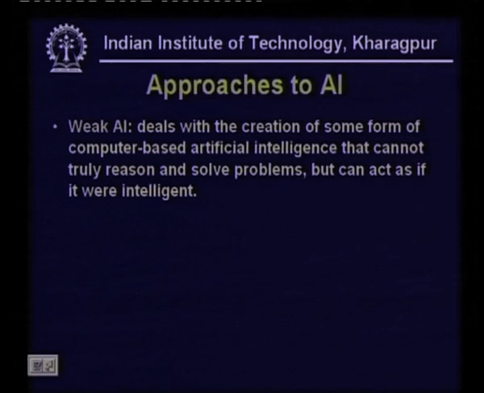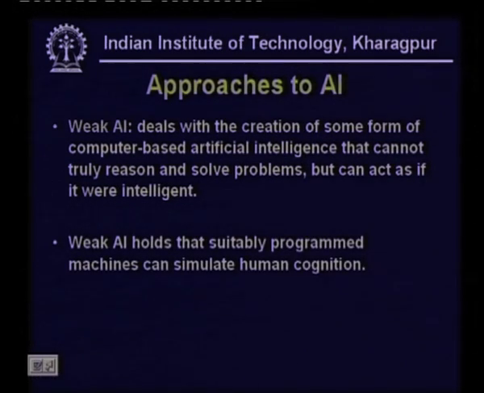Weak AI, unlike strong AI, deals with the creation of some artificial intelligence that cannot truly reason and solve problems, but acts as if it were intelligent. So, the proponents of weak AI claim that machines which have been suitably programmed can simulate human cognition, appear to behave intelligently, appear to do tasks well and intelligently without really having the same intelligence or understanding as humans possess.